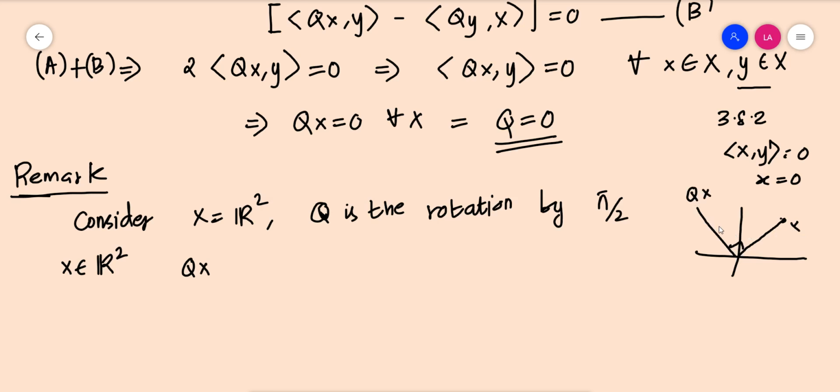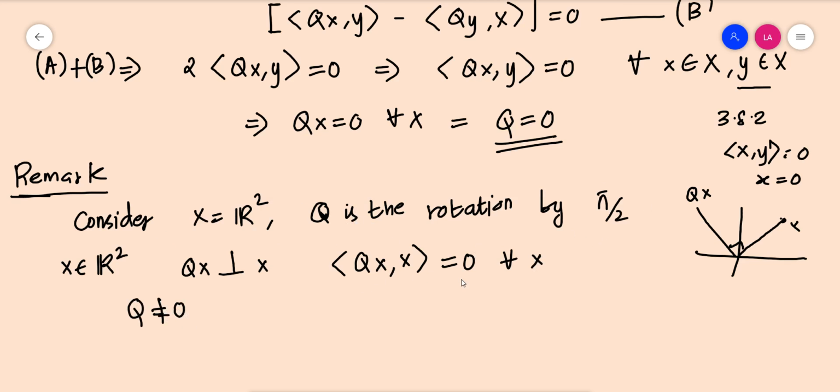So this is Qx. If this is x, the corresponding angle will be pi by 2. Then Qx is orthogonal to x. When Qx is orthogonal to x, inner product ⟨Qx, x⟩ should always be equal to 0. So this is true for all x in this case. But since Q is the rotation by a degree of pi by 2, Q cannot be equal to 0.